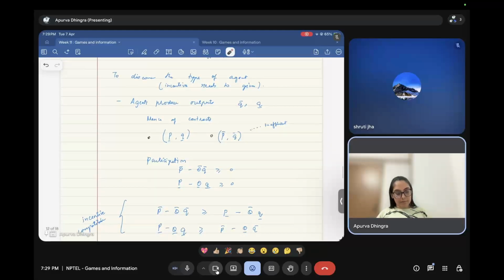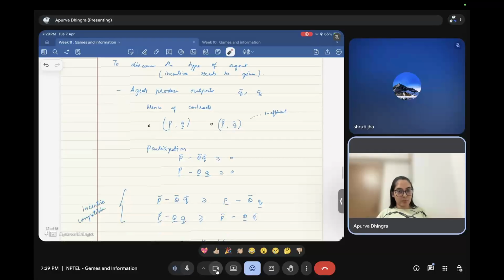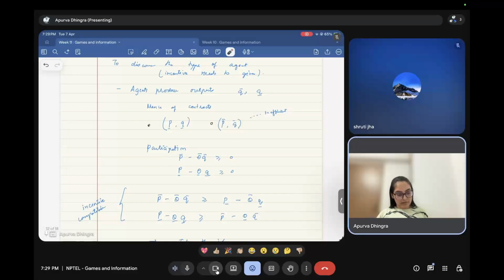So now if the agents had access to both these contracts and were to decide how to choose the contract, let's say we talk about any one of them. Let's just talk about the inefficient player.